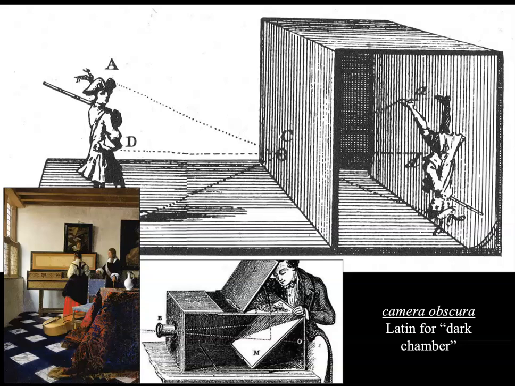We have early cameras in the camera obscura, which you may have seen if you've taken an intro to art history. Possibly you've seen how Vermeer used it, potentially in the way that he set up scenes in his studio, because they're all in this particular space with particular lighting.